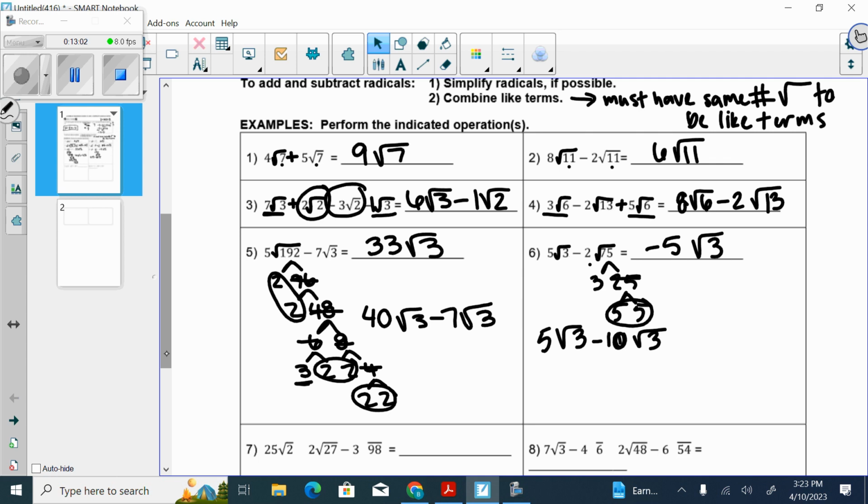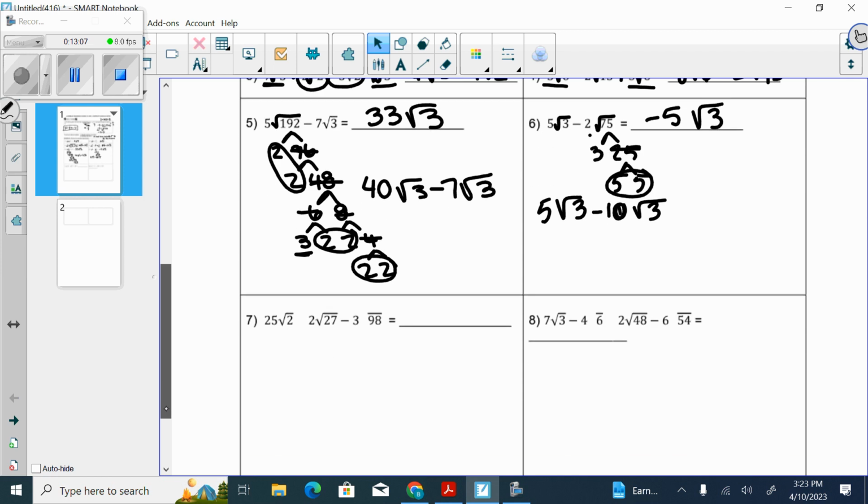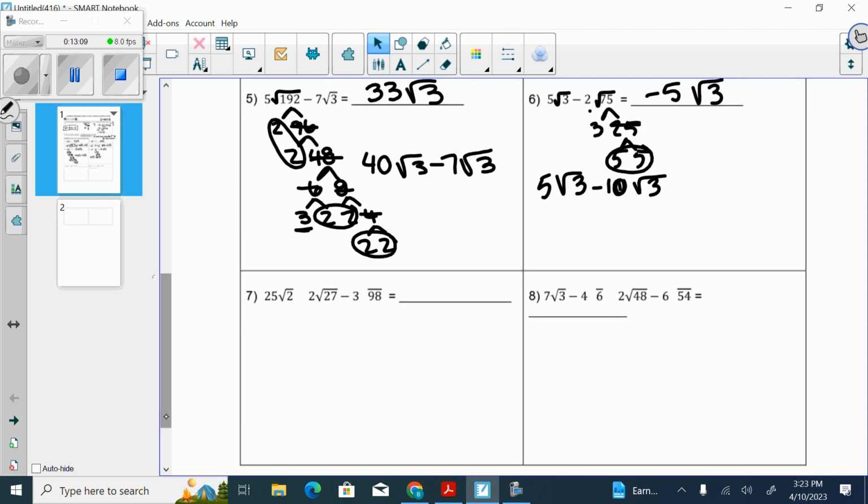Okay, let's look at number 7 here. So on number 7, we've got 25 square root of 2 plus 2 square root of 27 minus 3 square root of 98. All right, so we got a couple of pretty big ones there, right, Jack? So what multiplies to give us 27? 3 and 9.